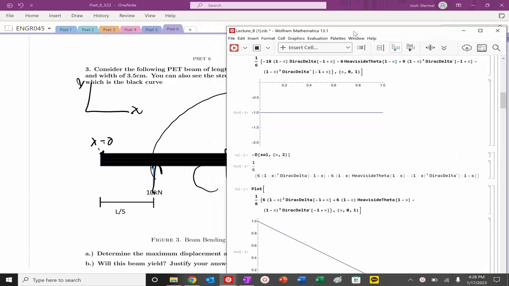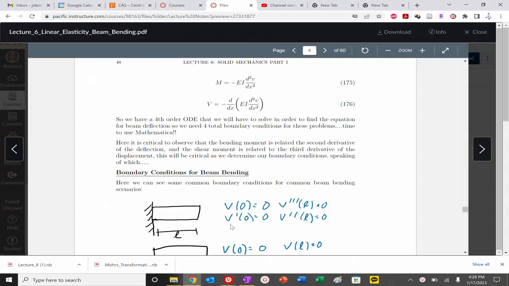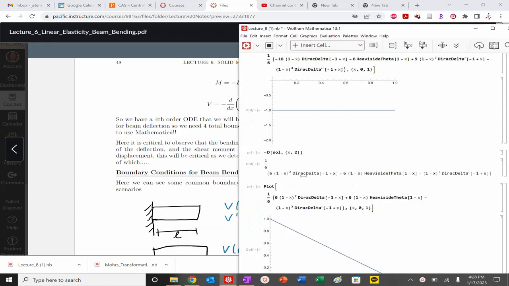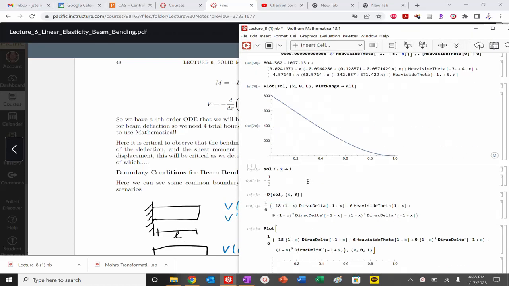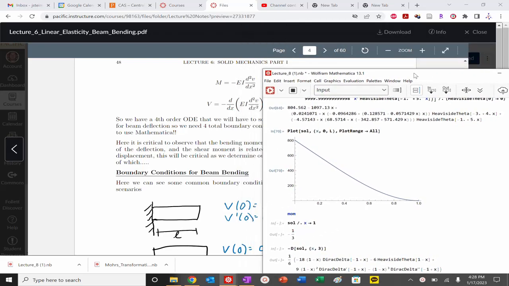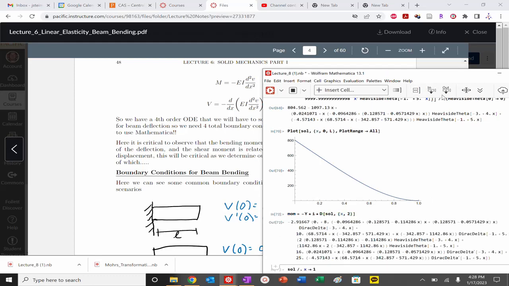I also want to look at, for example, I may want to plot my moment. So my moment is going to be equal to minus y times I times the derivative of sol with respect to x, x squared. There we go.